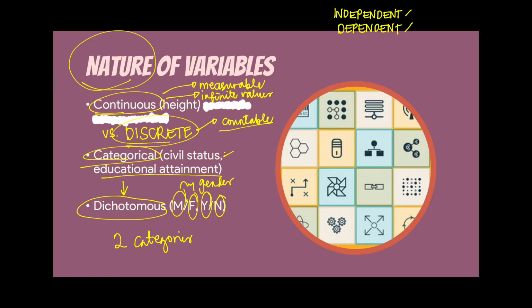Another form of dichotomous variables is in relation to experimental designs. For example, the independent variable is that there is exposure to the experimental condition and non-exposure to the experimental condition. So there are two options. That is also called a dichotomous variable.